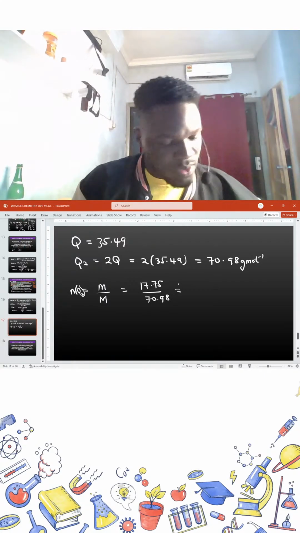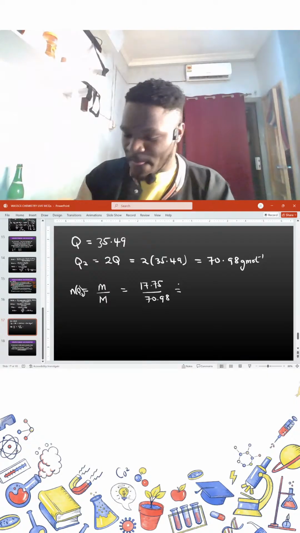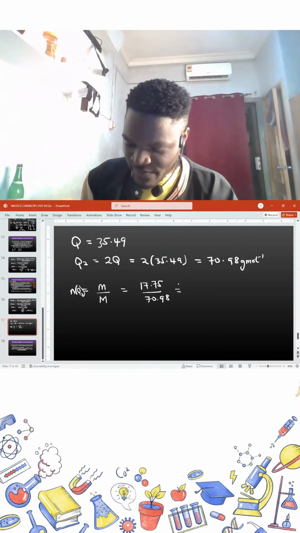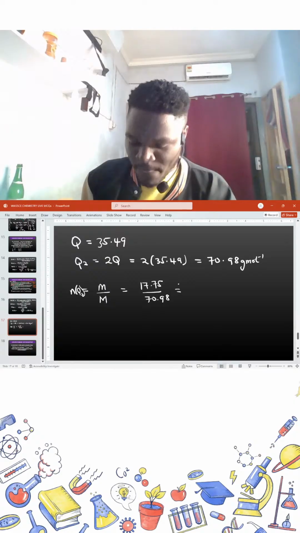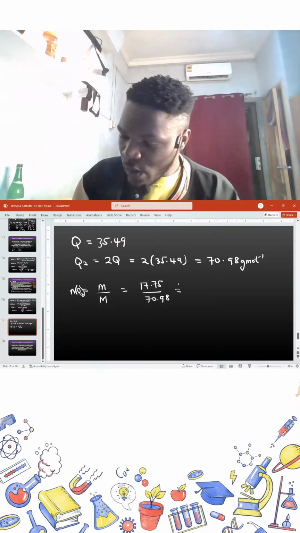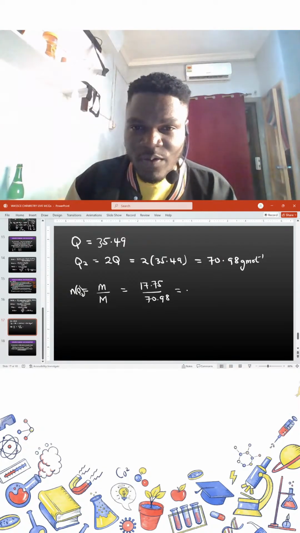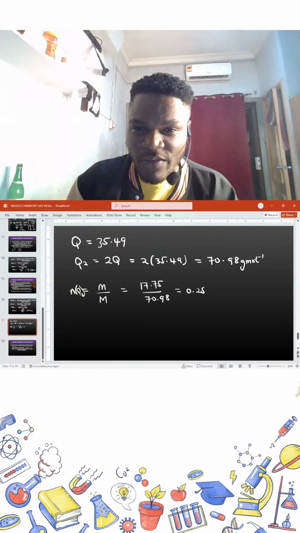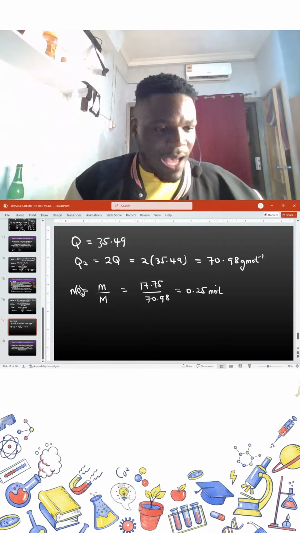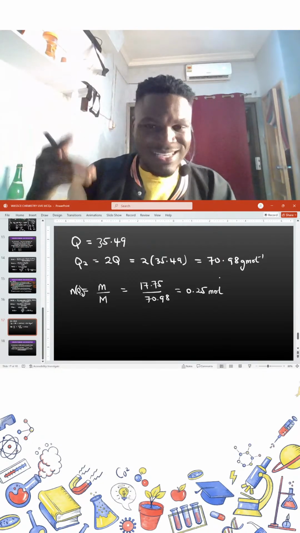So if I compute that in my calculator, 17.75 divided by 70.98 is going to give me 0.25 mole. Okay, so this is the amount of substance that is present in Q2.